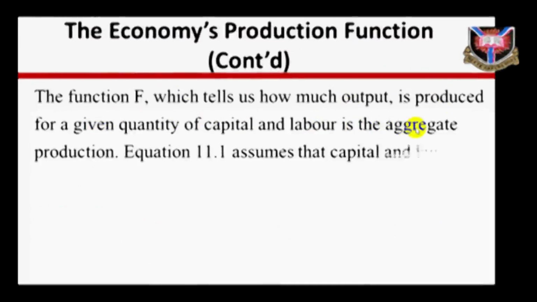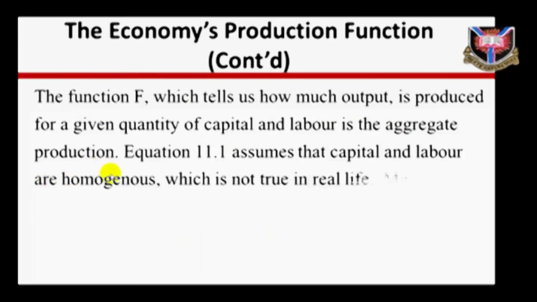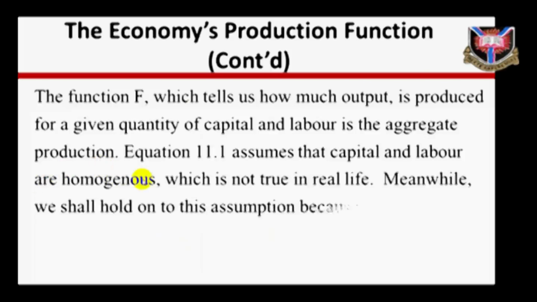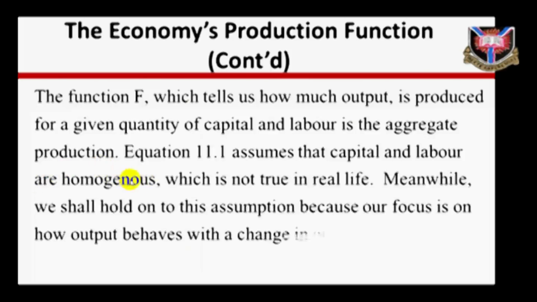Equation 11.1 assumes that capital and labor are homogeneous, which is not true in real life. Meanwhile, we shall hold on to this assumption because our focus is on how output behaves with a change in either capital or labor.